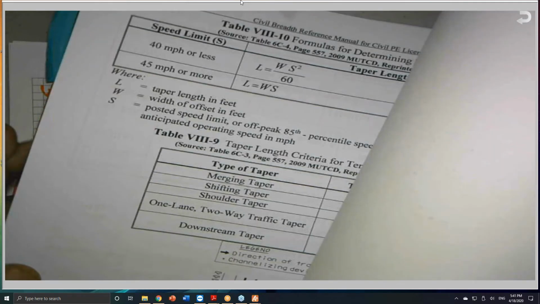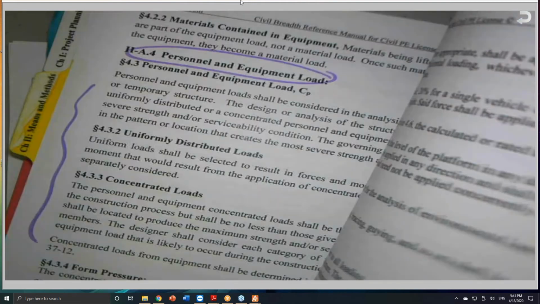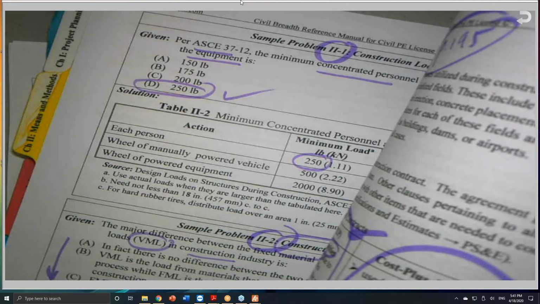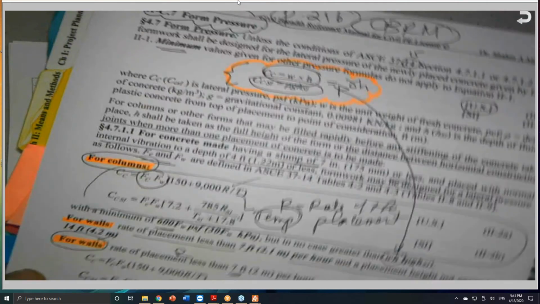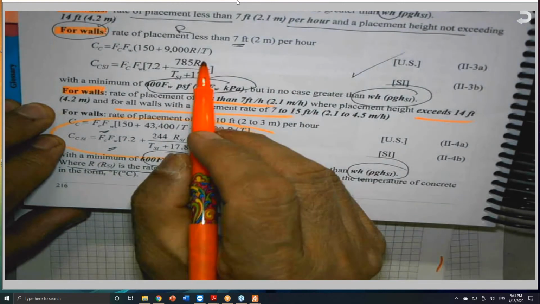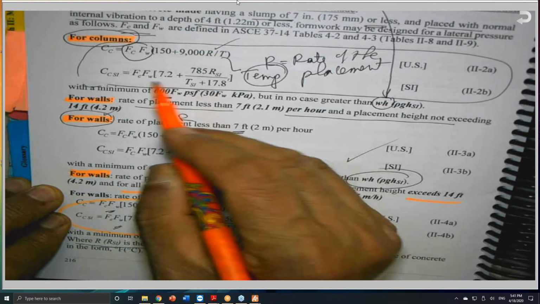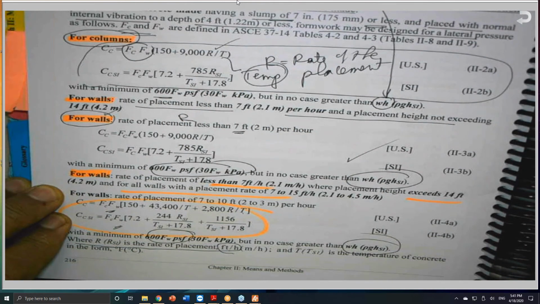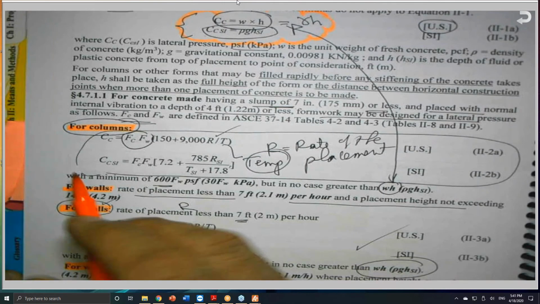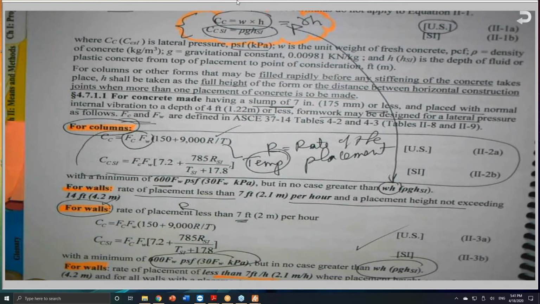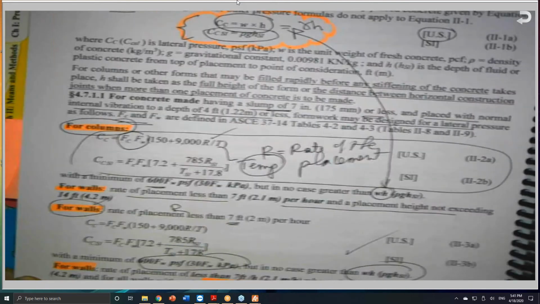I can locate it very quick if I can. In chapter 2, these fancy equations, here we go. So the temperature, if you remember, T is the temperature. So we have equations where the temperature is part of the calculations to get the lateral pressure or the form pressure as we discussed. So the temperature is very important also.